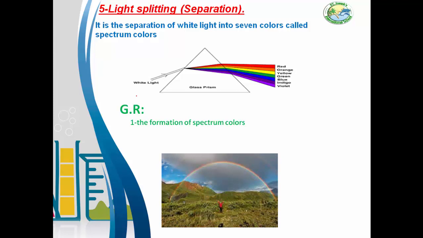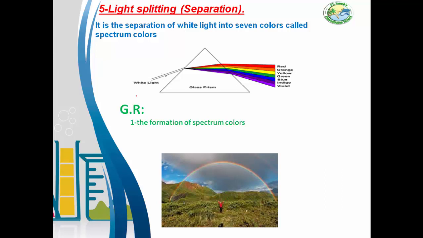White light is separated into 7 colors when drops of water during or after raining act as a glass prism that separates white light into 7 colors. So the rainbow is formed.